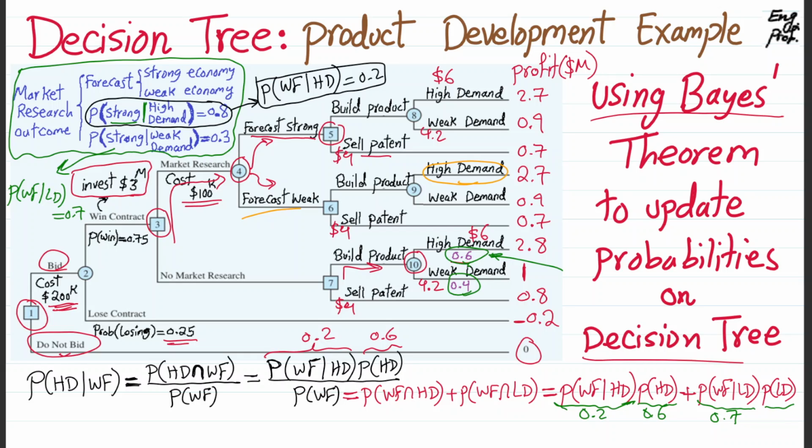And the probability of low demand is the unconditional or outdated probability given to us, 0.4. So when we have these numbers, 0.2 times 0.6 is 0.12, and the other one is 0.28, and so you get 0.4. Very nice. That is the probability of weak forecast. So I'm going to write it here: the probability of weak forecast is 0.4 as computed here.